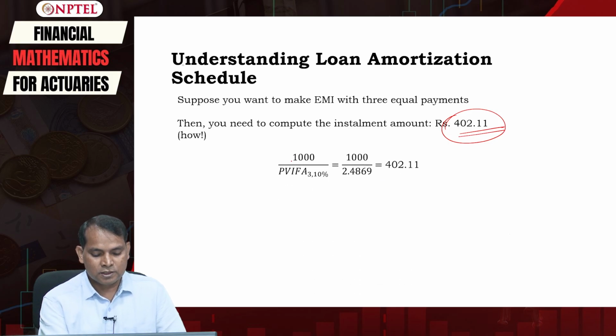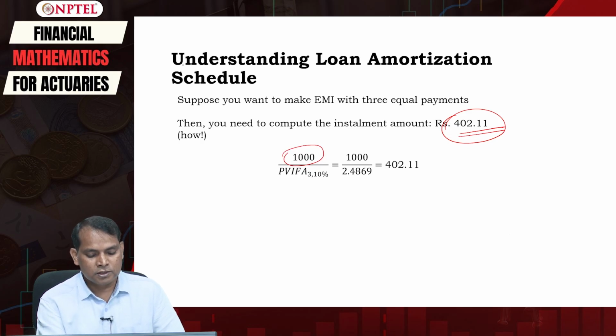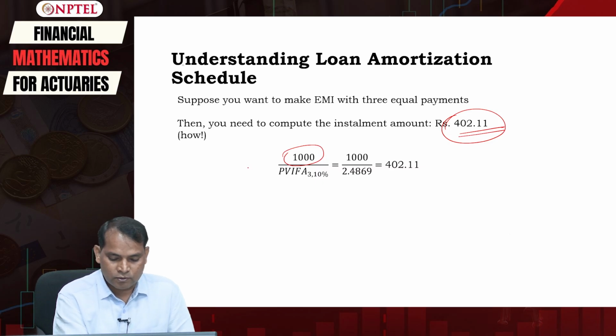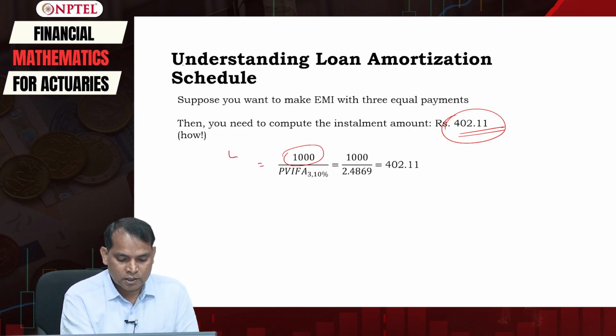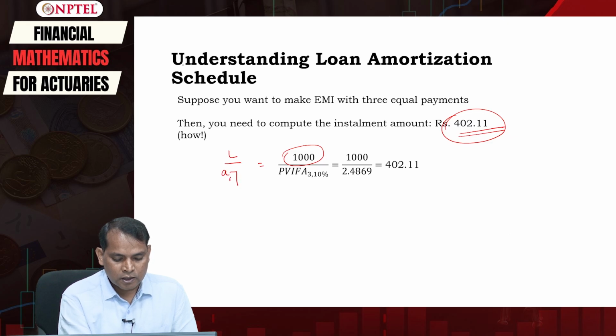Or you can say this is the total loan amount 1000 rupees divided by the present value interest factor for annuity at n is equal to 3 and i is equal to 10, or you can say L divided by A angle N at i.